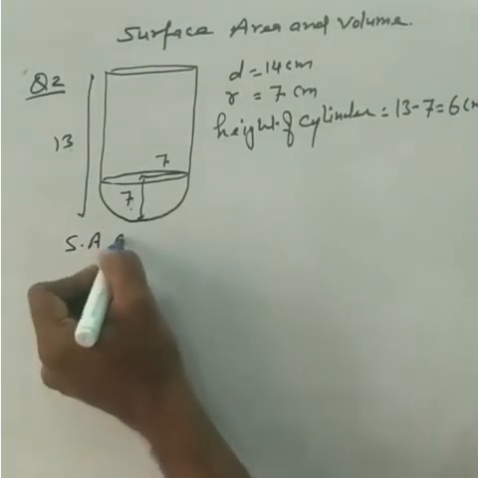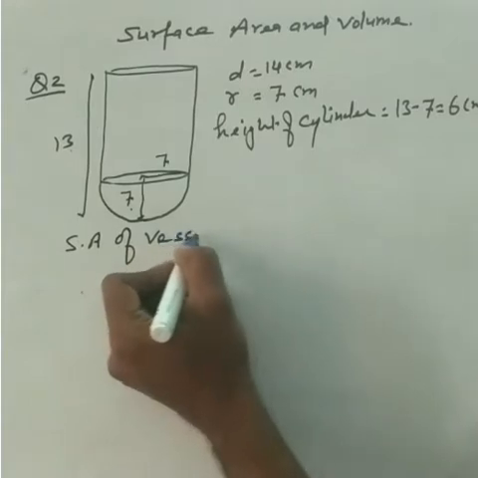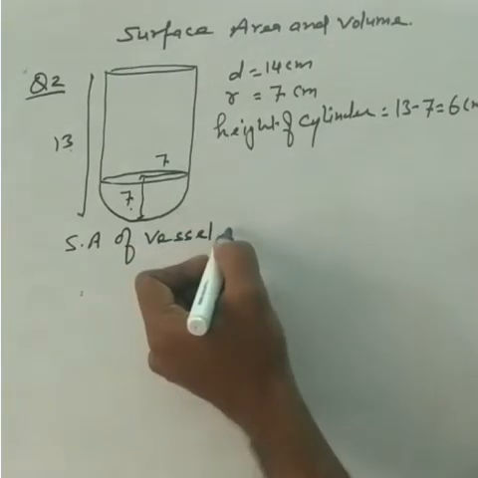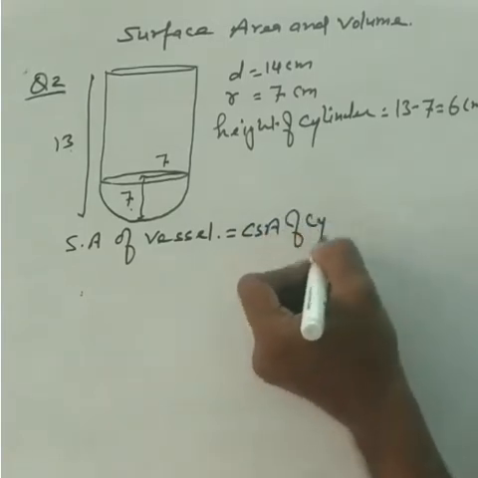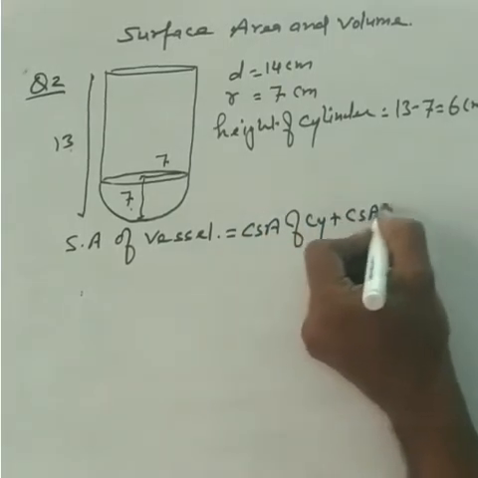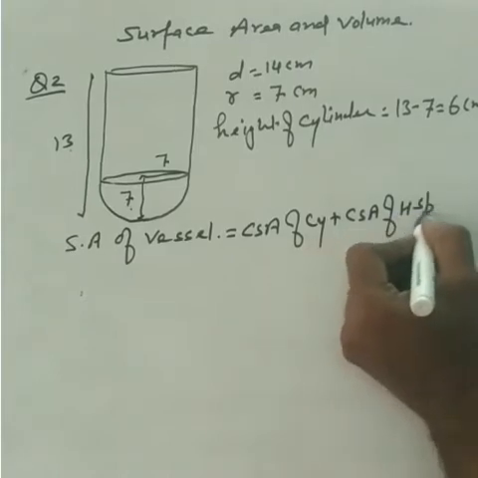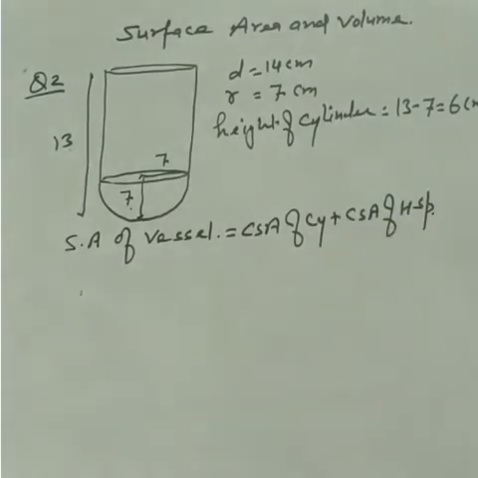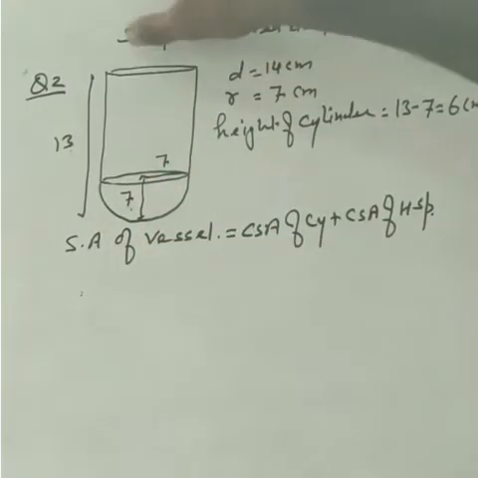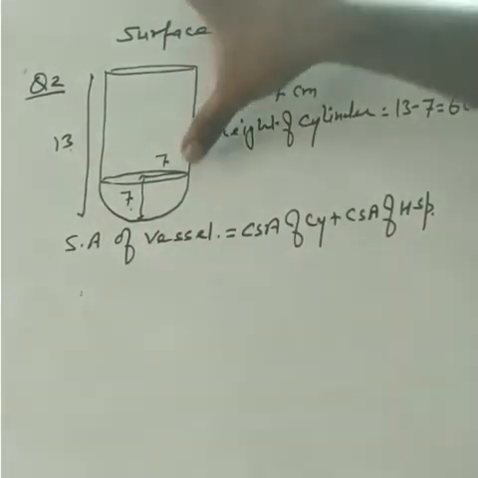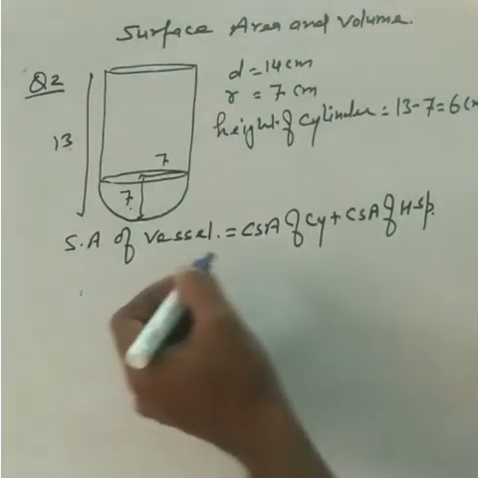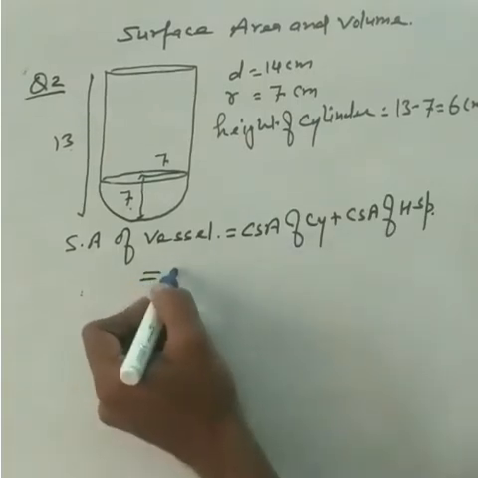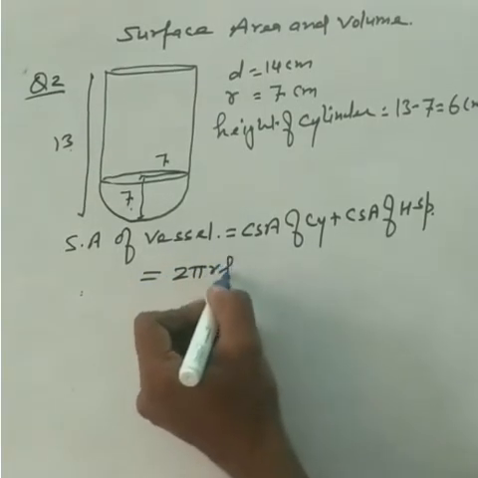Surface area of the vessel we have to find out, which is CSA of cylinder plus CSA of hemisphere. It is a hollow cylinder. Hollow cylinder means these parts are not there. So we have to take only CSA of cylinder and CSA of hemisphere. CSA of cylinder is 2 pi rh.